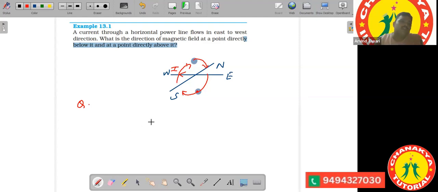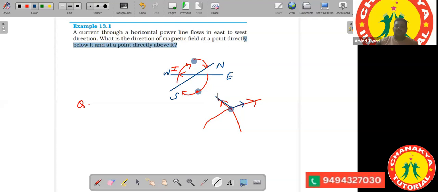Suppose in the last class I explained it like this. Suppose this is one of the magnetic field lines, and you have another magnetic field line going like this. So suppose they are intersecting. If you put a magnetic compass at this point, at the same time the compass will point along this direction, a tangent to this curve, and it will also point along this direction.